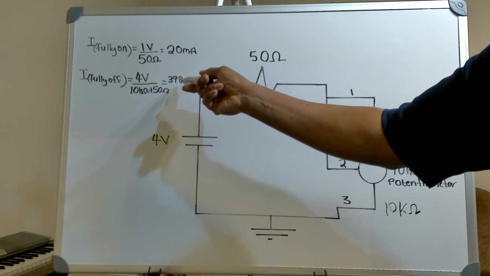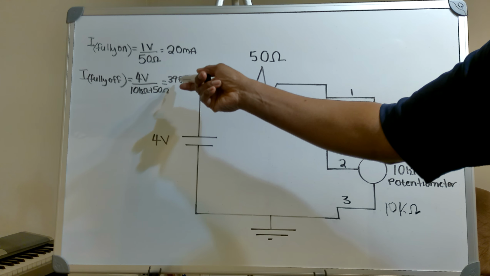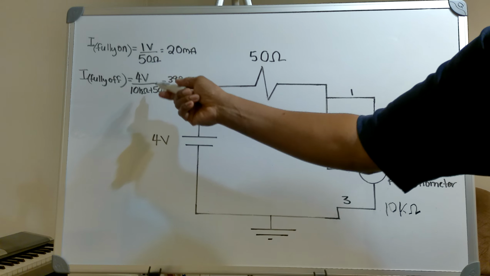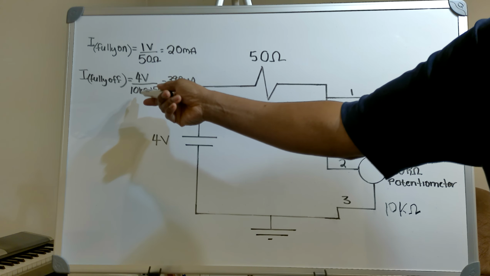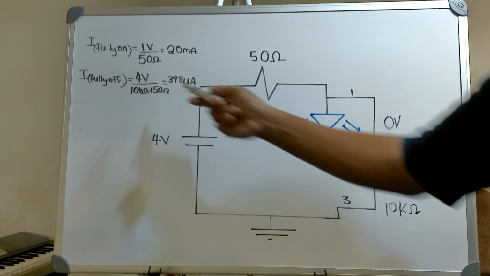And the current flowing through the circuit is 398 microamps. 4 volts over 10K ohms plus 50 ohms.